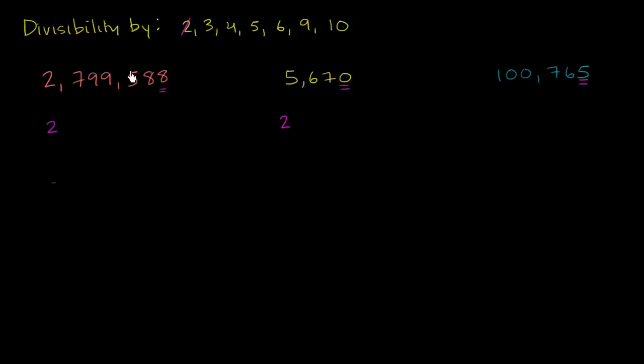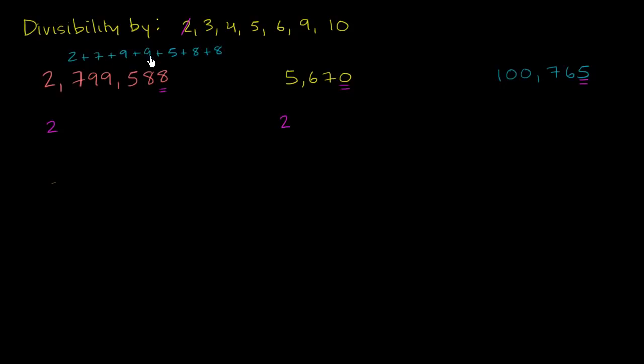Now let's work through the 3's. To figure out if you're divisible by 3, you really just have to add up all the digits and figure out if the sum is divisible by 3. So let's do that. If I do 2 plus 7 plus 9, actually let me just write it out. Plus 9 plus 5 plus 8 plus 8. What's this going to be equal to? 2 plus 7 is 9. 9 plus 9 is 18.